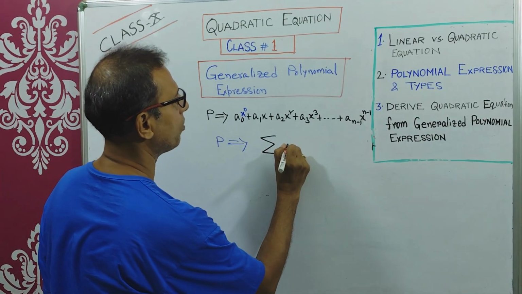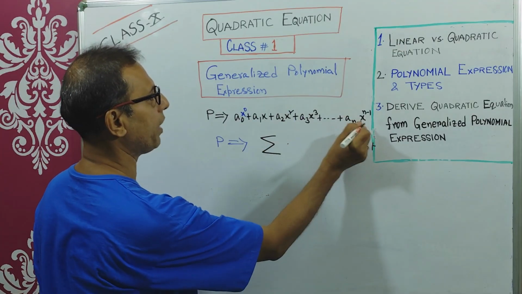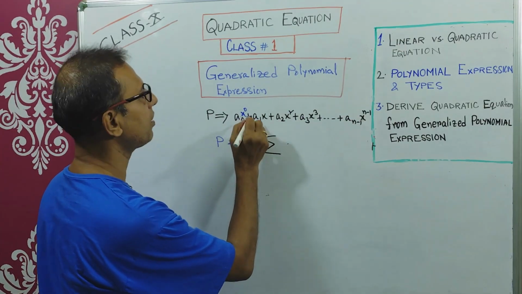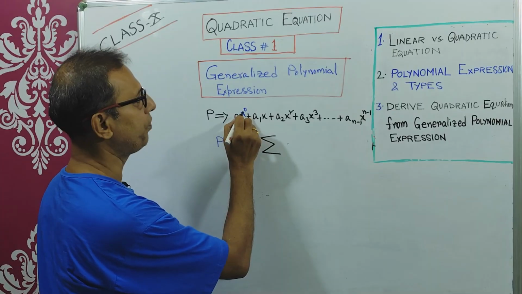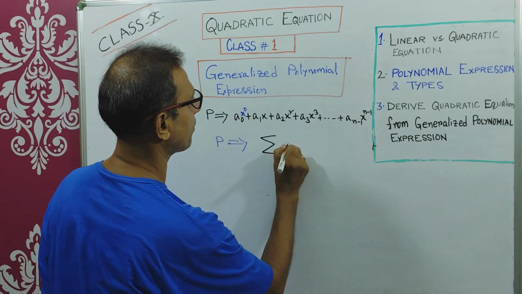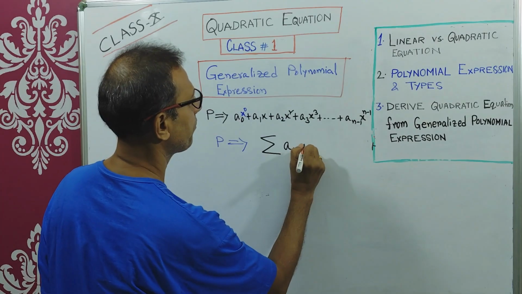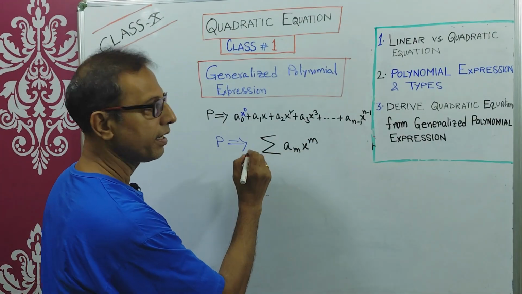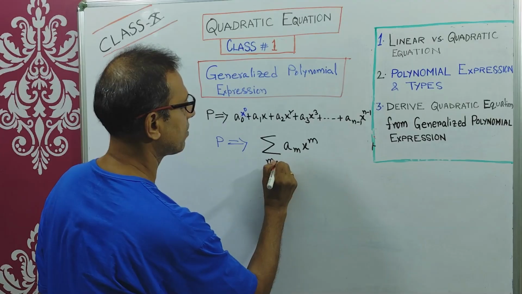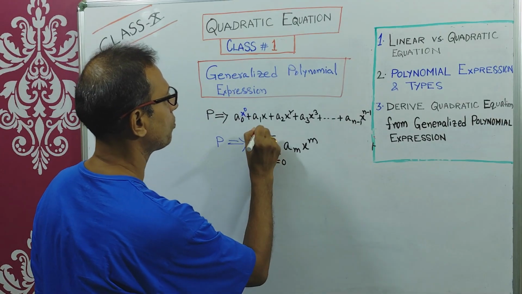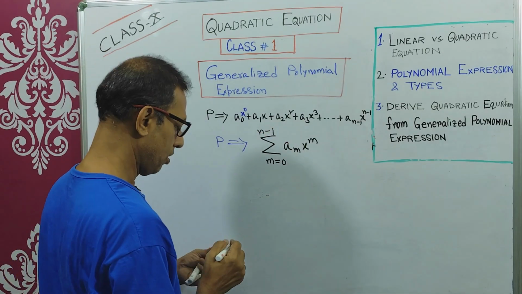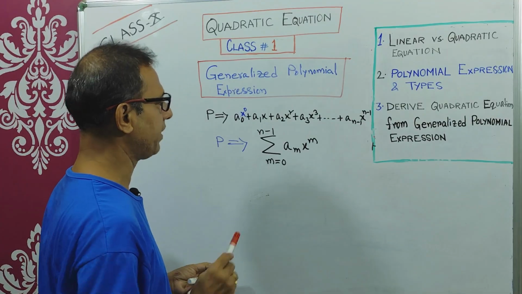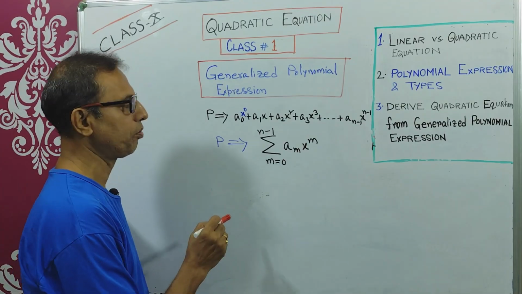I can write down 0 to n minus 1, a coefficient and the power of variable 0 to n minus 1. So what I can write down, am x to the power m, where m varies from starting from 0 to n minus 1. So that's how you can write down the generalized formula of polynomial expression.